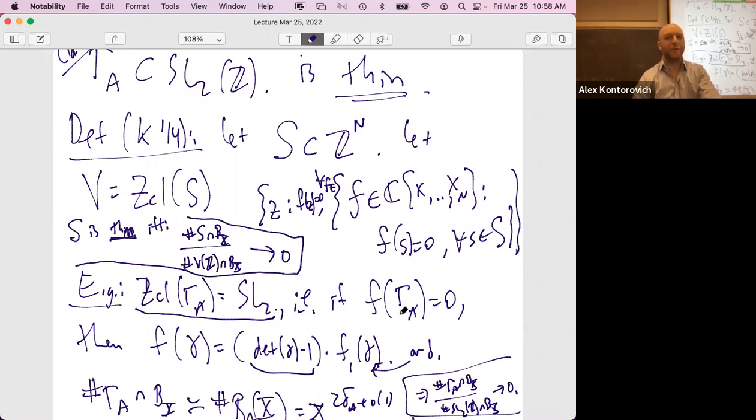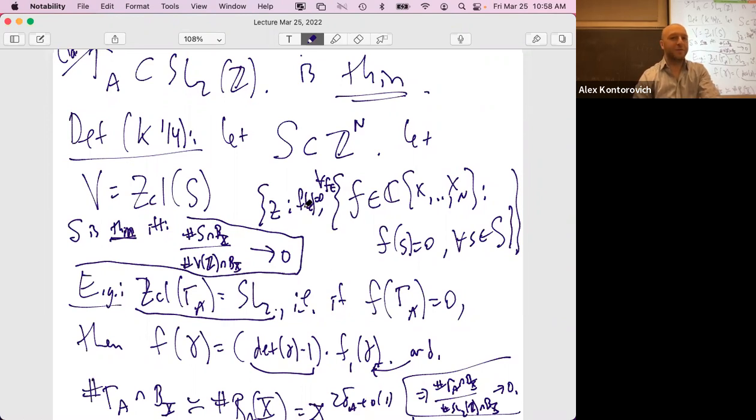Any polynomial like that will vanish on all of gamma, because in particular, AD minus BC is equal to 1 for every element of gamma. The polynomial F is going to vanish independently of anything else, as long as that factor is there.